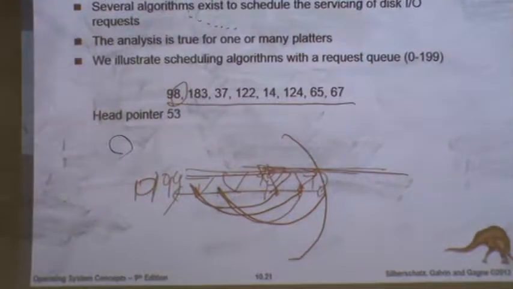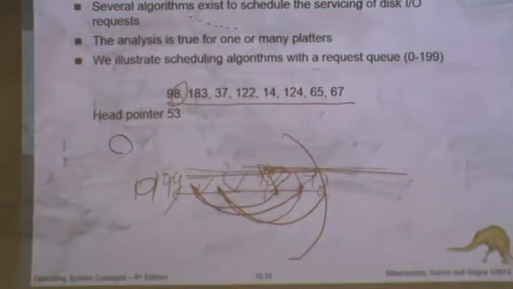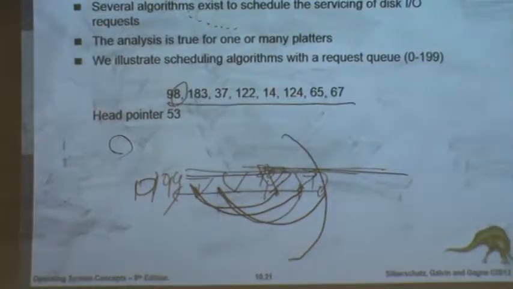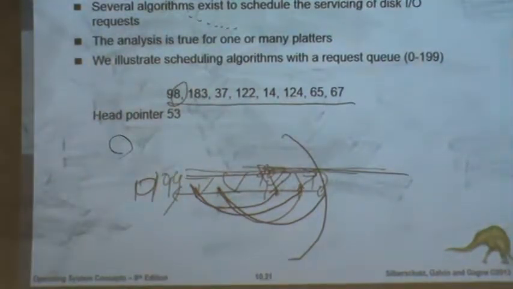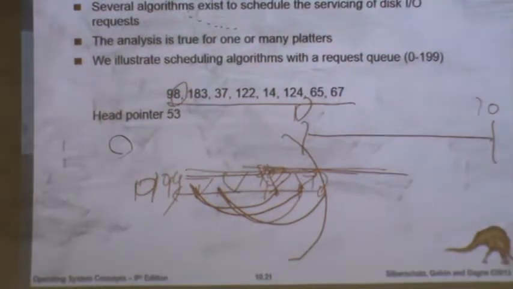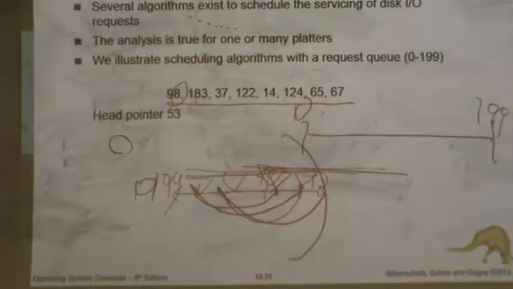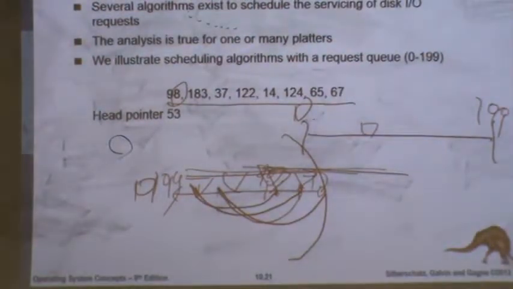Our problem is, can we minimize or decrease such a moving distance? Is there any way? In this case, the head pointer is at 53, which means, let's say this is 0 and this is 199, the head is on 53.